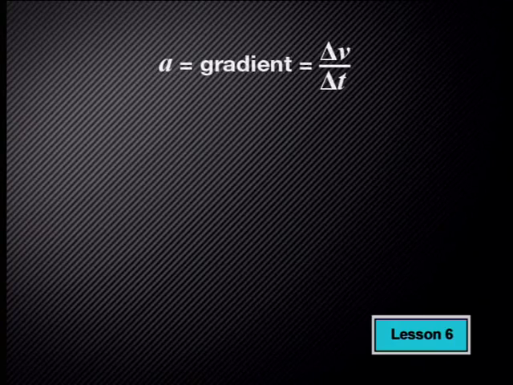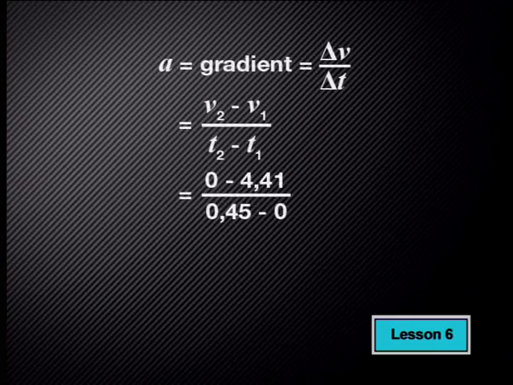Acceleration is equal to the gradient, which is equal to the change in velocity divided by the change in time as read off the graph. This means that we have V2 minus V1 divided by T2 minus T1, which is equal to 0 minus 4,41 divided by 0,45 minus 0.